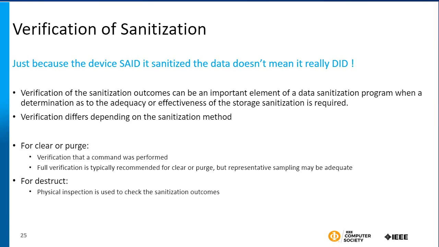So usually for clear and purge, you're trying to use the interface of the device to inspect the net result of what you did. But because of the particular operation, the technique used, the device may need to be basically reset, reformatted, something of that nature, before you can actually do anything. So verification, you have to think it through carefully to actually do it. In the case of cryptographic erase, it can be tricky to do that.